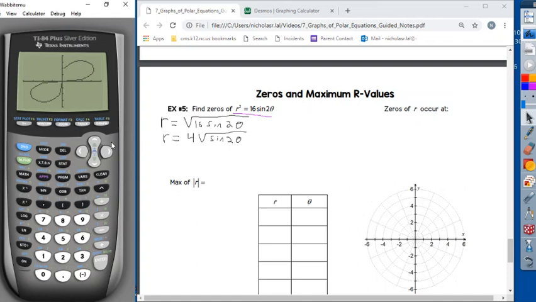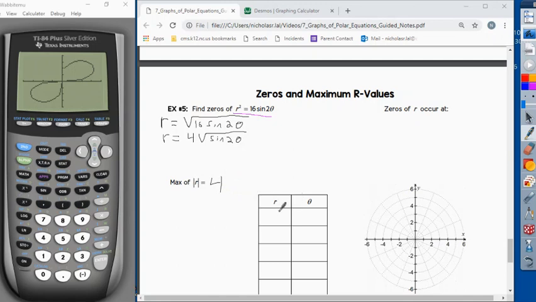So you're going to have a max value of R at 4, because the maximum value of the square root of sine of theta is going to be 1. So the max value of the absolute value of R is going to be 4.